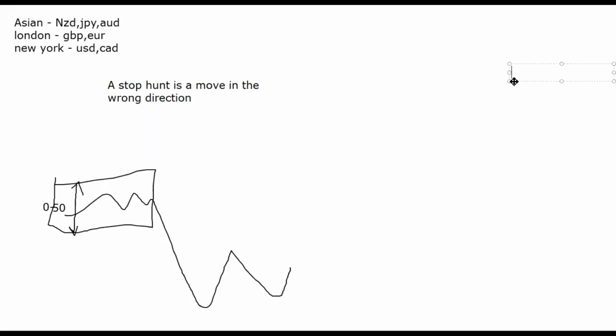The purpose of a stop hunt is to trap traders. The purpose of a stop hunt is to hit stop losses.